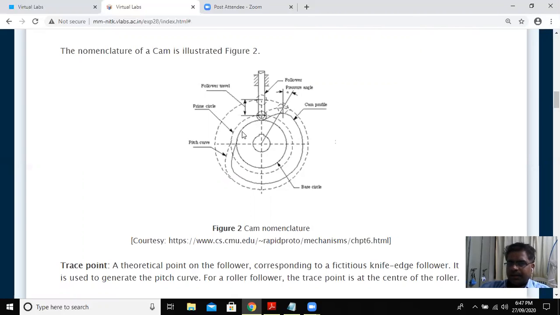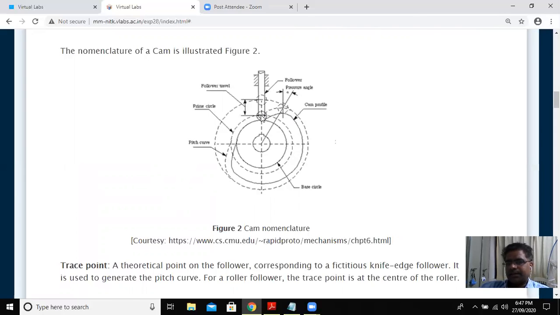This circle is the prime circle, and this curve is called as the pitch curve. Now the cam is having the shape like this. Whatever I am showing along this base circle, the actual cam will be there. In the given case, I am having a roller follower.